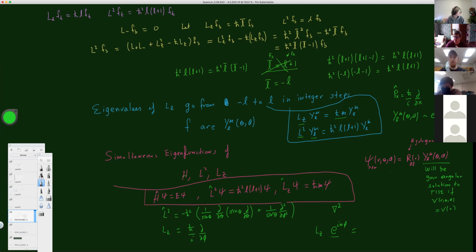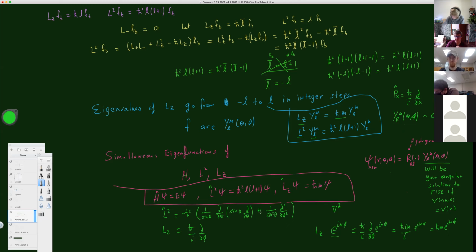So we act on this: h bar over i, partial phi, e to the im phi. Of course, that's im, so h bar times im over i, e to the im phi. The i's cancel, and you just get h bar m e to the im phi. The part of the spherical harmonic that has the thetas in it is just going to be ignored by this operator.